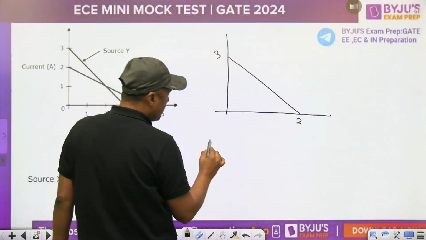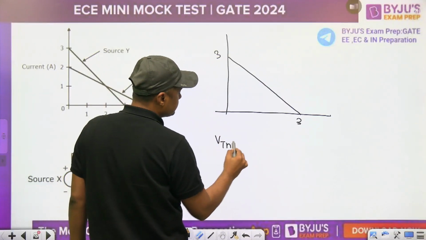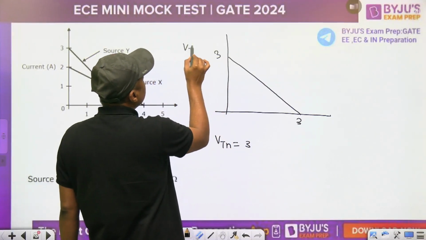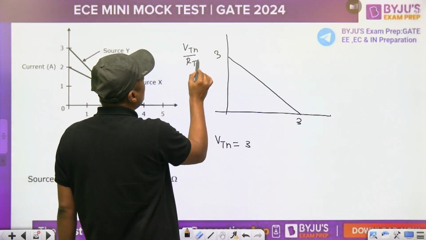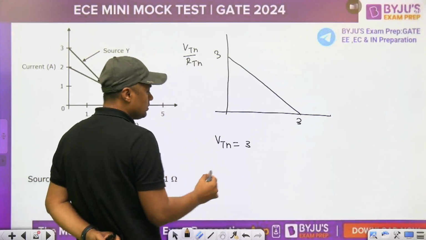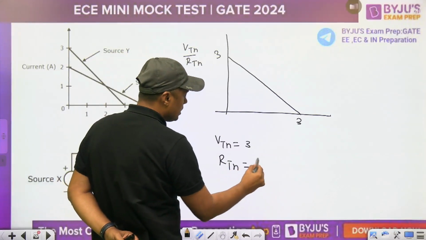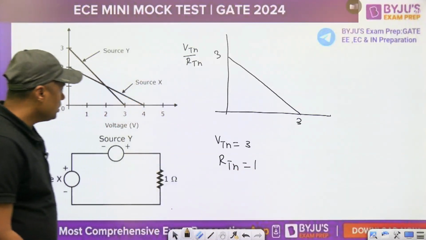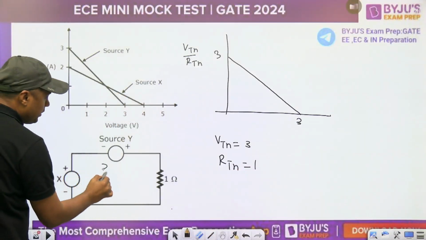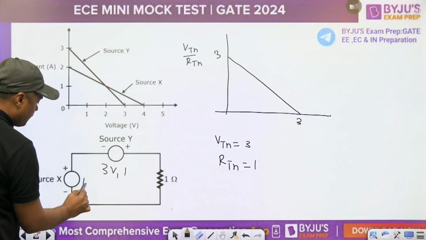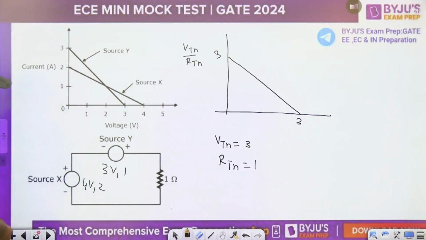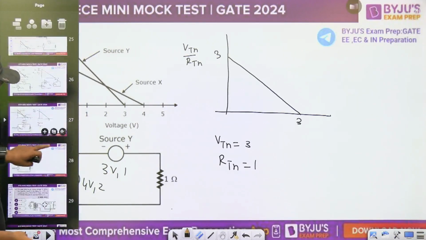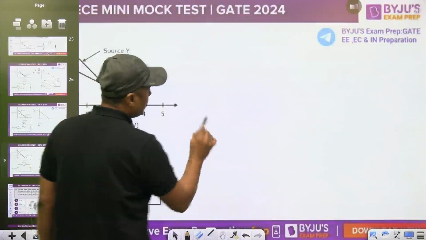So what is the open circuit voltage? VTH 3. And that is the VTH by RTH. It is also what? 3. So what is the RTH? 1. RTH is what? 1. Now we have 3 volt 1 ohm. We have 4 volt 2 ohm. Now connect. Then you can connect.